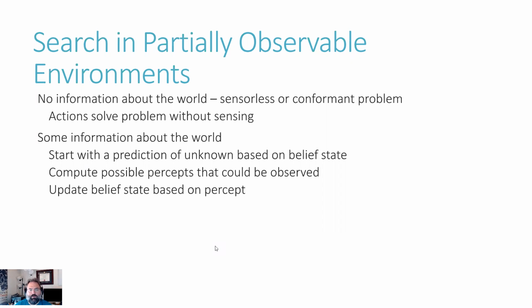It's what you, the agent, think the world looks like. You start with a prediction based upon what you believe. You can compute the possible things that you may see, and whenever you do the observation, based upon what you actually see, you update your belief state.